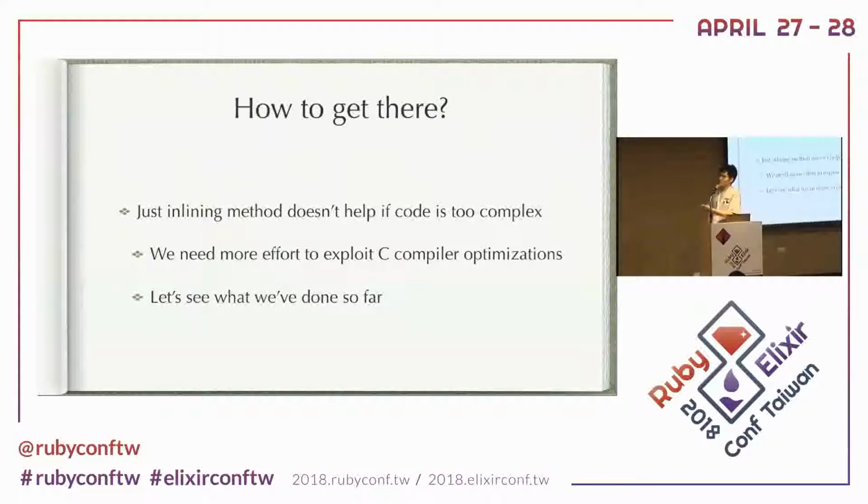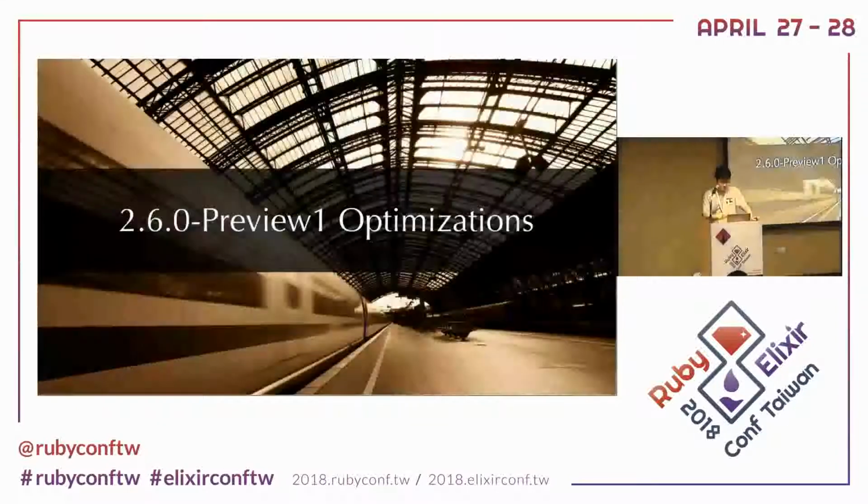So we need to tell the C compiler how to optimize. Currently, the generated code is very complex, and some optimizations in the C compiler can't be done on the current code. So I'm simplifying the JITed code, and let's see what we've done so far.